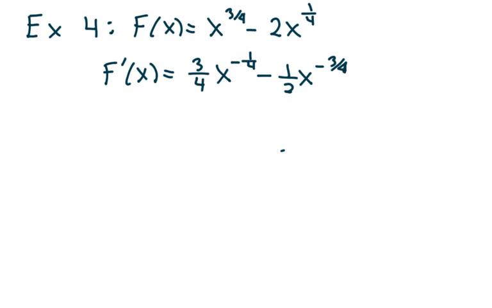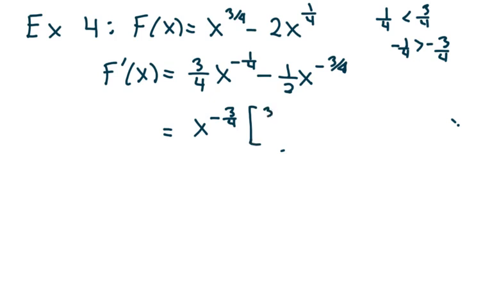Okay, so this is tricky. Now, negative 3/4, so 1/4 is less than 3/4, right? And so negative 1/4 is greater than negative 3/4. And so what I'm going to do is factor out an x to the negative 3/4.